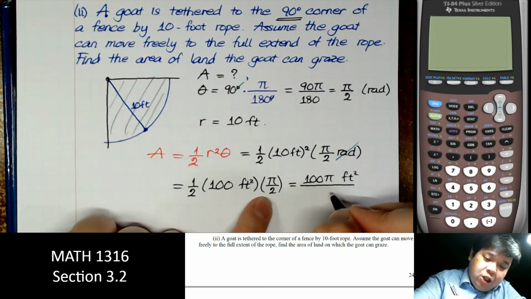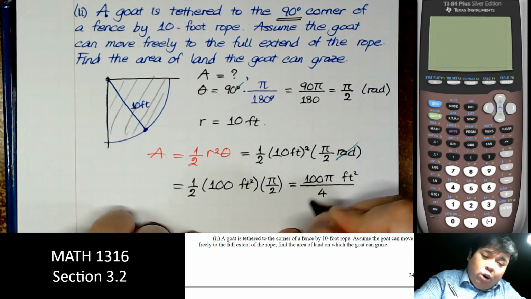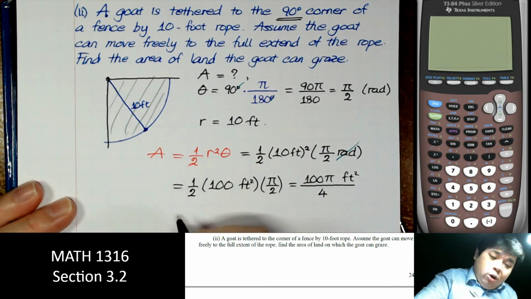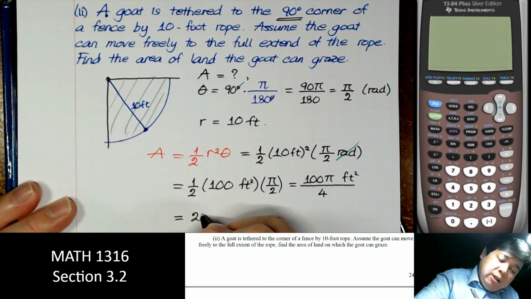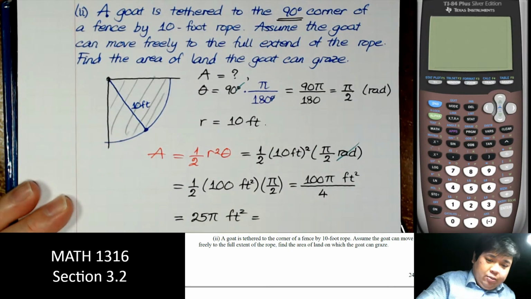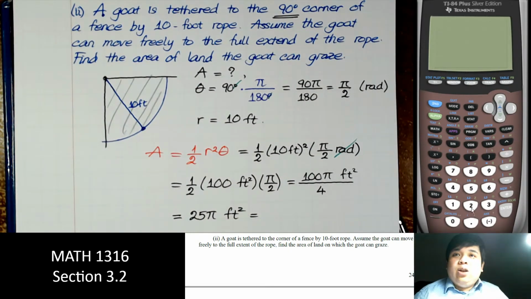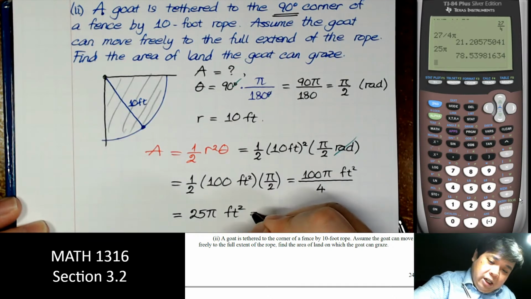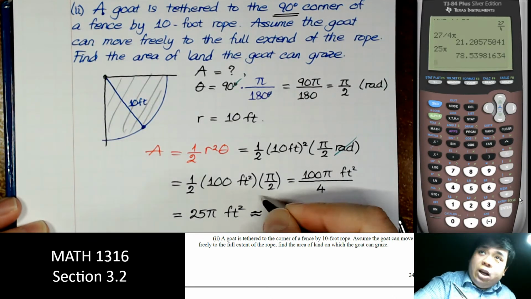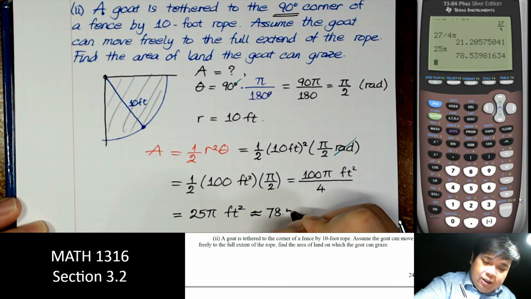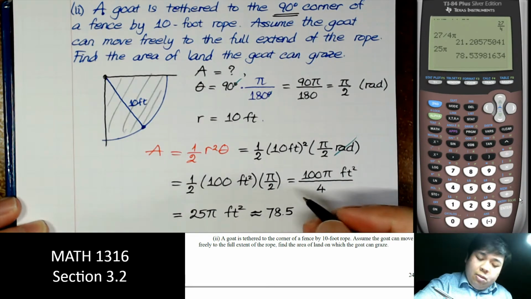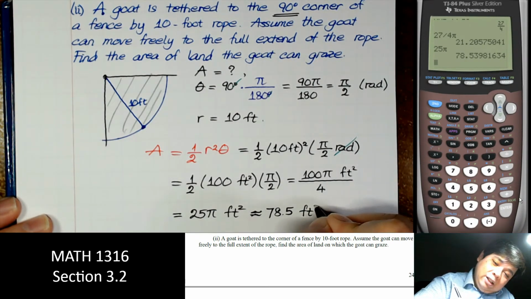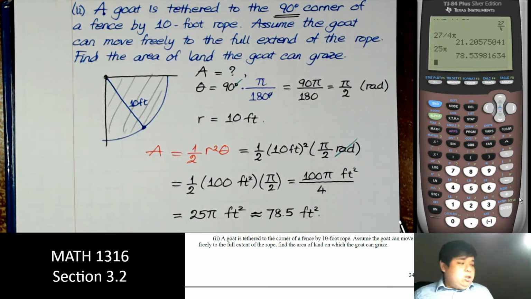The bottom, 2 and 2. 100 divided by 4 is 25, so we have 25 pi square feet. And 25 pi is approximately equal to 78.5 square feet. So pretty straightforward.